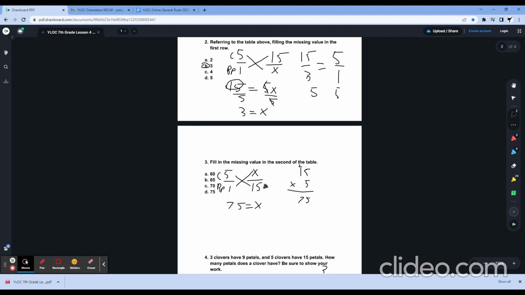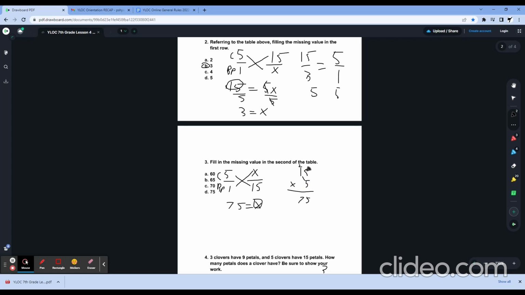So again, cross multiplying. 15 times 5 and 1 times x. So 1 times x is just going to be equal to x. For 15 times 5, we can quickly multiply that here. 5 times 5 is going to be equal to 25. So we put the 5 here and carry the 2 up here. Then we multiply 5 to this value.